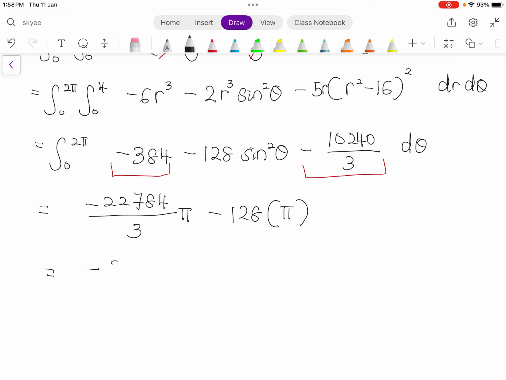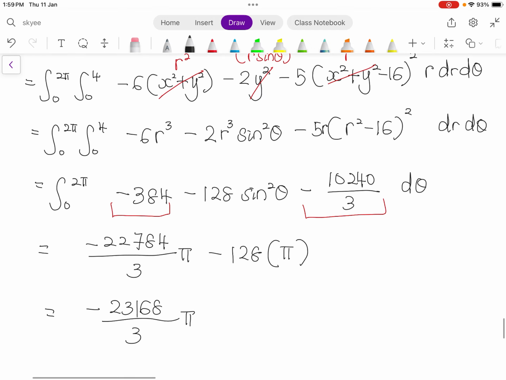Okay, so this one is the answer. This is the flux coming out from the surface of the paraboloid.